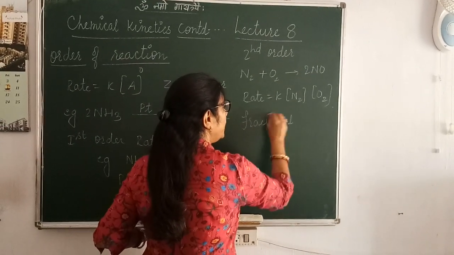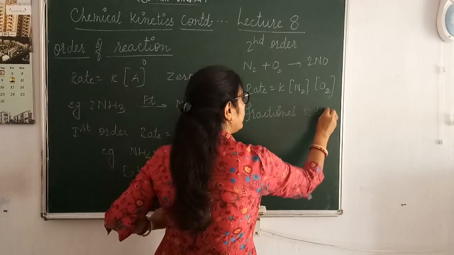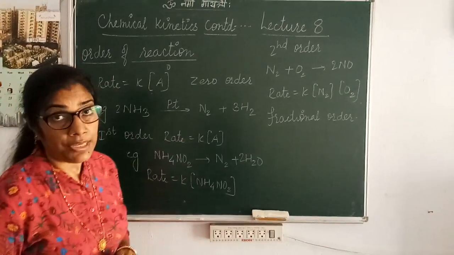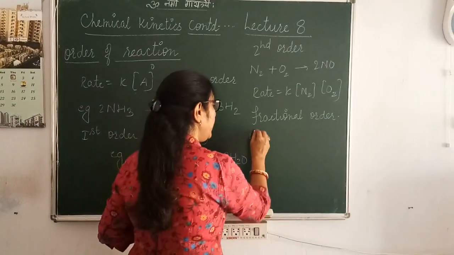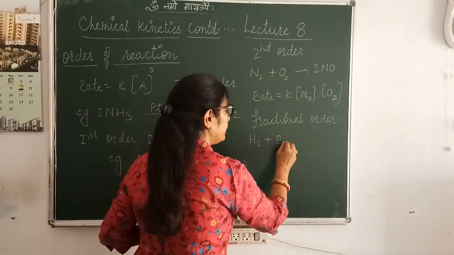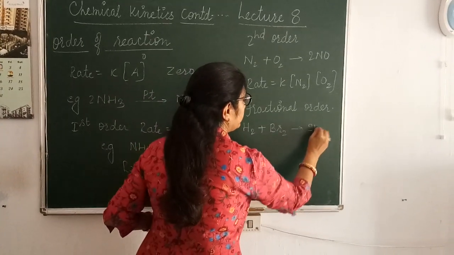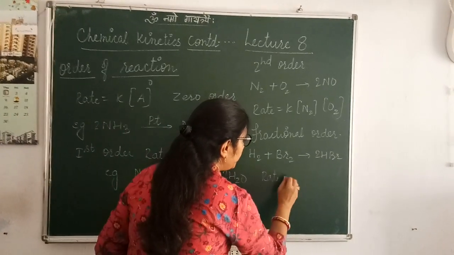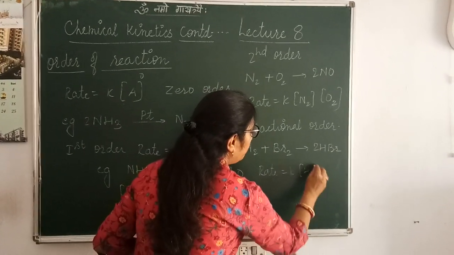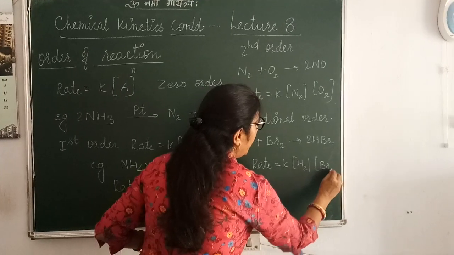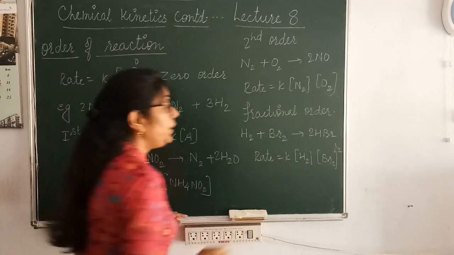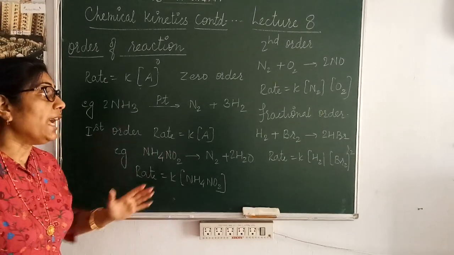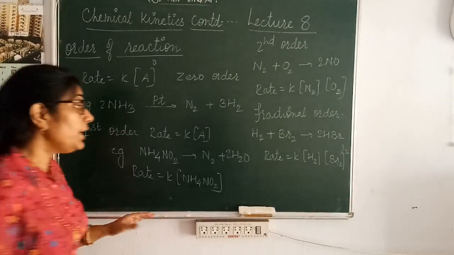Let's see some examples of fractional order reactions. As for example, in this case, the rate is equal to K into H2 into Br2 to the power half. So, the order of the reaction is 1.5.